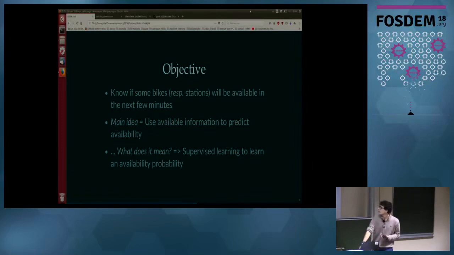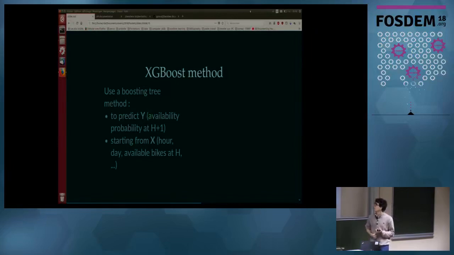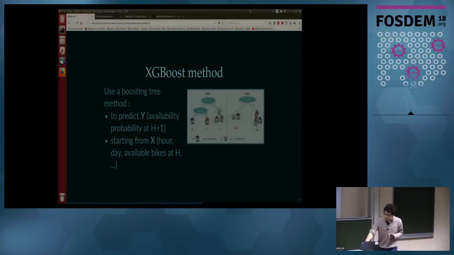So we used the method called XGBoost. I won't go into the details of the method, but to be as simple as possible, XGBoost is a decision tree method. So we use decision trees and a gradient method.